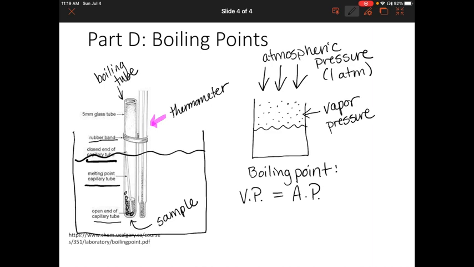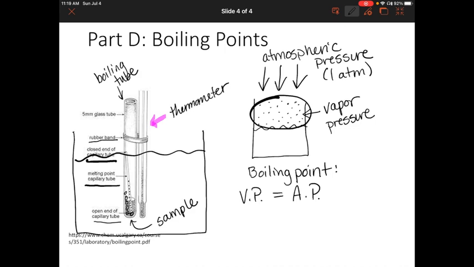But as we're heating our sample, the vapor that's forming is going to enter the capillary tube and displace the air that's inside of it. So that air is going to come out of the melting point capillary as a stream of bubbles. And eventually that entire melting point capillary will be filled with vapor from our sample. So for instance, if it's an alkene, then we'll have alkene gaseous molecules filling up that melting point capillary.